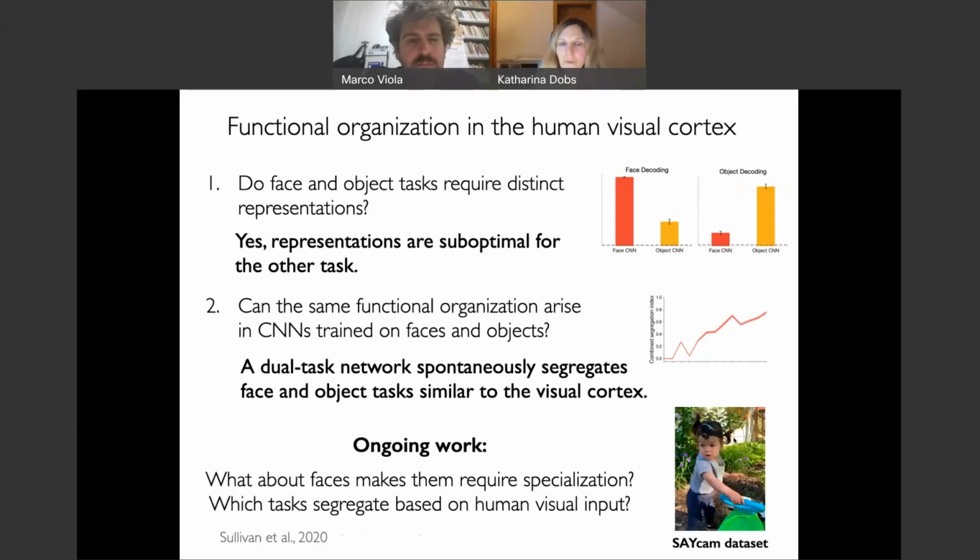But what I would love to do is better match the human visual input during development by using data sets, for example, like the SAYCam data set, where parents agree to make their kids wear head cams on the forehead, and capture hours of videos of the visual experience from babies till 1 or 2 years old, and see if we take that visual experience, train a network on that, what kind of specializations would we see, and would they come out similarly to what we find in the visual system.